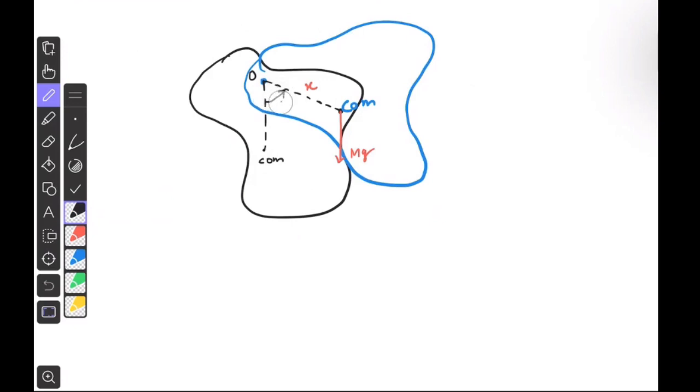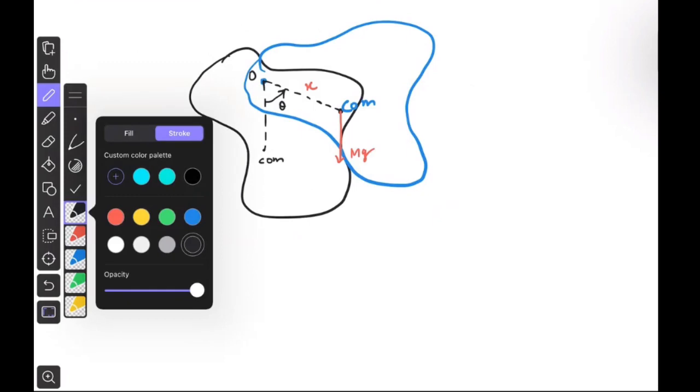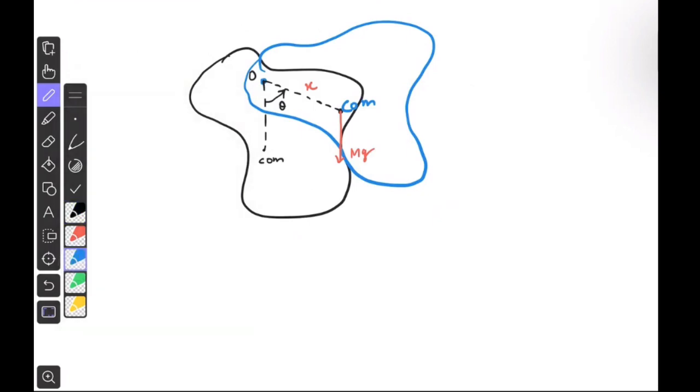If I have given displacement theta, the component of the force perpendicular to x is mg sine theta only, same as earlier. The angular displacement given is in the anti-clockwise sense.